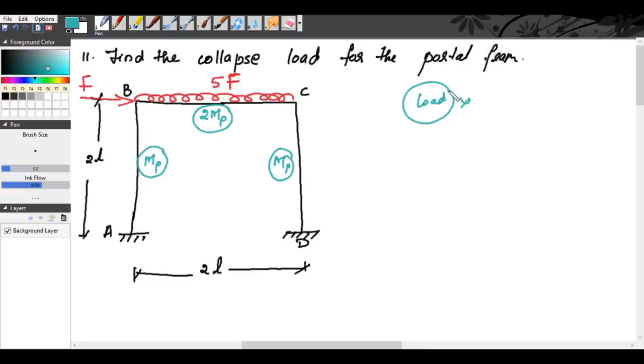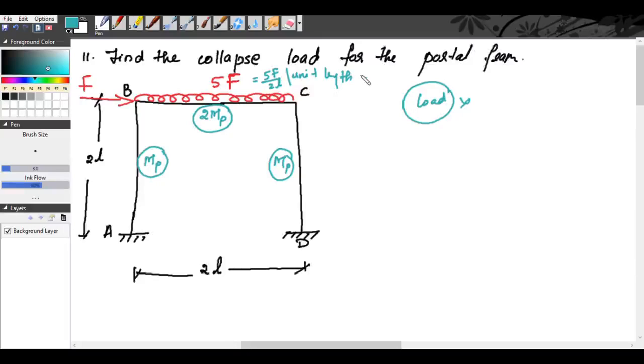So this load is not the total load, it is the load per unit length. Here it is given as the total load 5F. You have to convert it into load per unit length. The total load is 5F, so this is nothing but 5F by the distance 2L, per unit length.